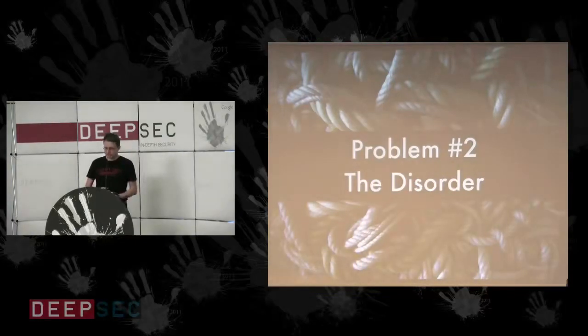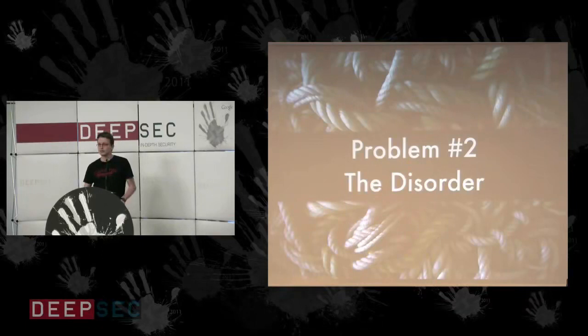The second problem I see is the disorder. You have these many authority documents, you have these controls, and they sometimes have some overlaps. You have some controls which nearly say the same, but don't really, which completely state different things.